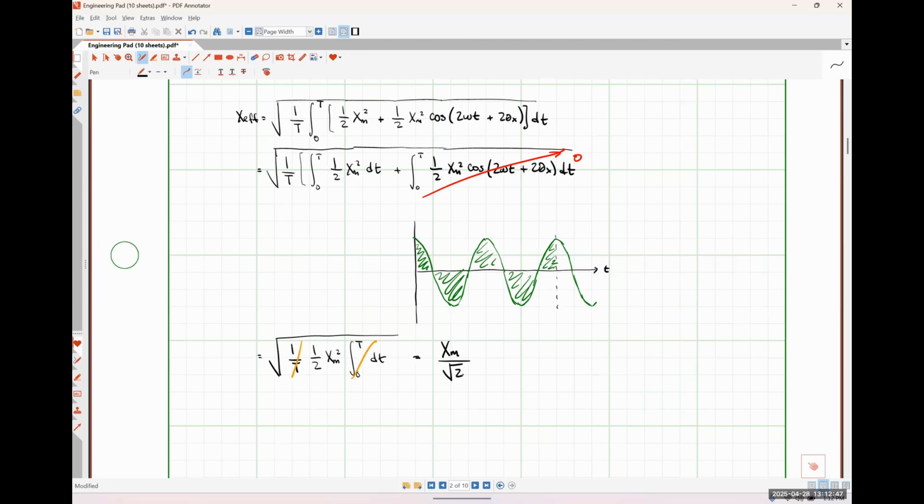It doesn't matter if it's a sine function or a cosine function, but we derived it for a cosine function here. It doesn't matter what our angular frequency is. So it doesn't matter if we're here in the United States where our angular frequency is 120 pi radians per second. It doesn't matter if we're in Europe where the angular frequency is 100 pi radians per second. The phase angle that we start our measurement at literally doesn't matter at all.